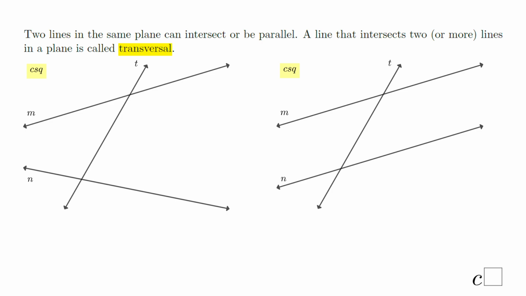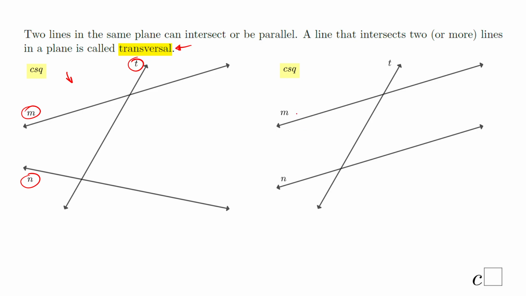In this lesson we will talk about parallel lines and transversal. You see here two pictures, and on the first one we have two lines M and N, and this line that cuts both of them, which we call a transversal.